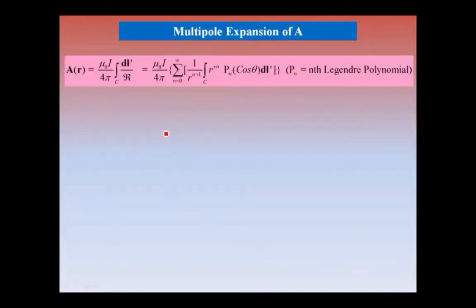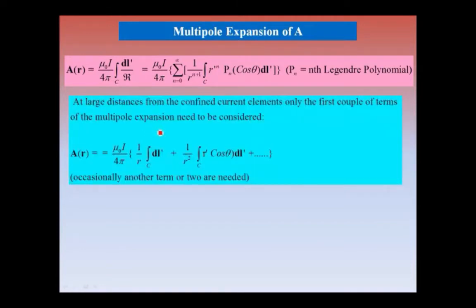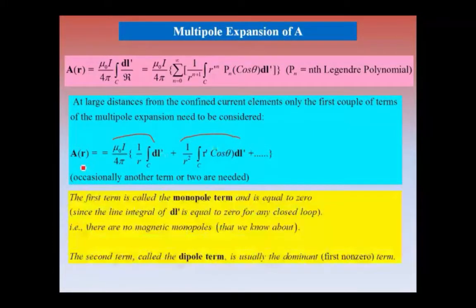So here it is again. And so we want to look at this in terms of the breakdown of these terms. So here's the first term right here, and here's the second term here, and occasionally you need more terms, but quite often this is all you need. The first term has the expression of 1 over R times the line integral of just dl.